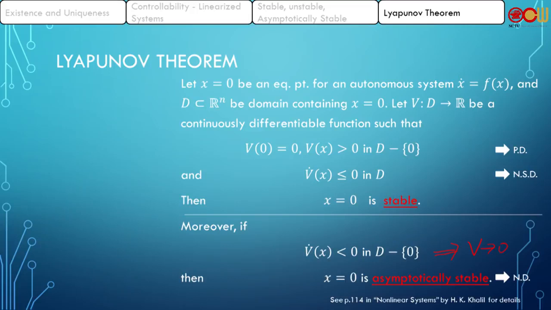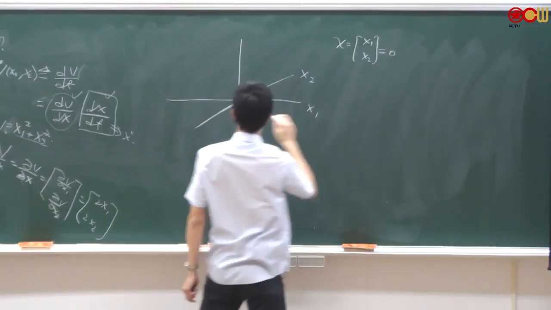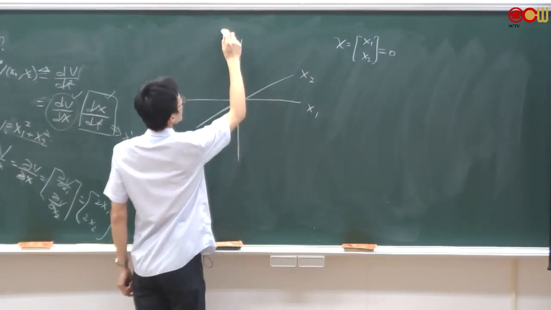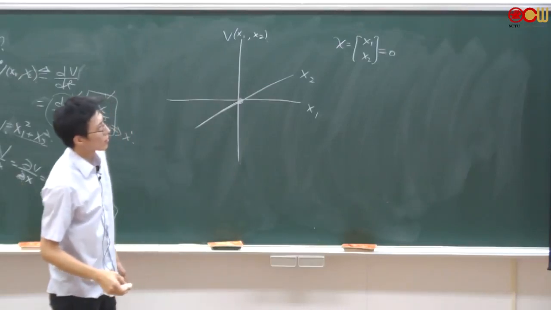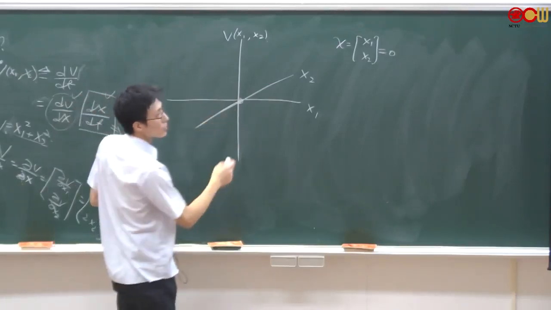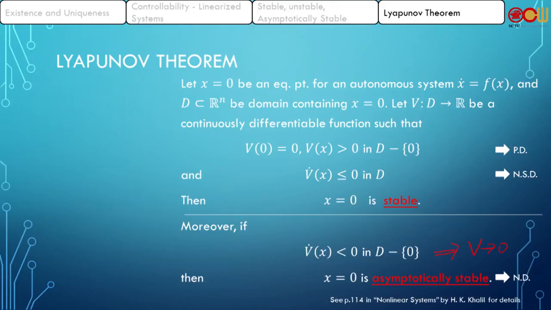Okay, so given x equal to 0 as an equilibrium point, the Lyapunov function says, given x equal to 0, which is an equilibrium point for an autonomous system.